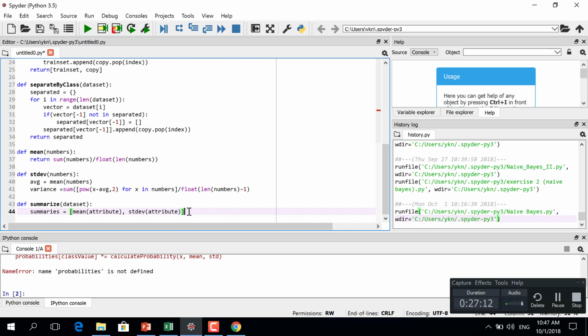So we find this for attribute in zip. Zip means we combine all of those x from x1 to x6 within the data set.